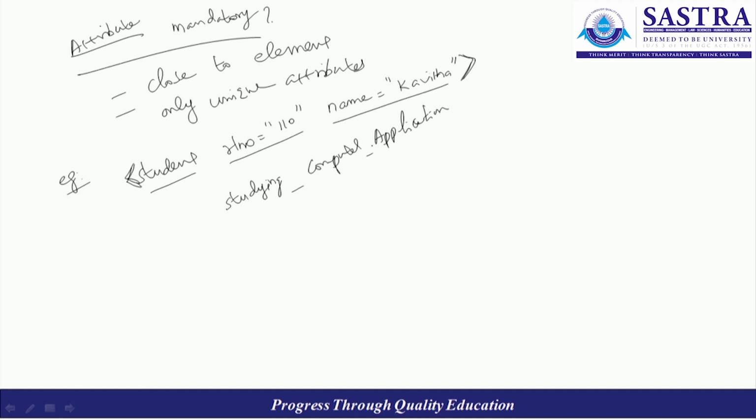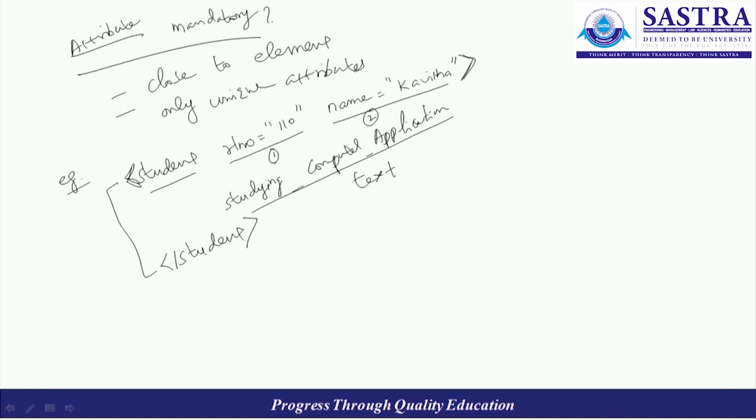It is allowed. Text can be this kind of text, and I should close the student element properly. Roll number is one attribute and name is another attribute. In between the opening tag and closing tag, I can have text. This is called text.